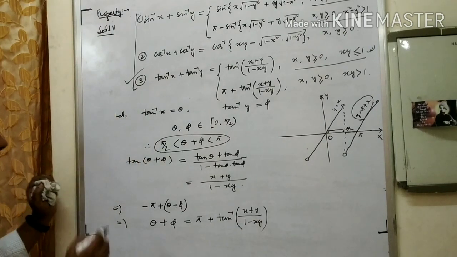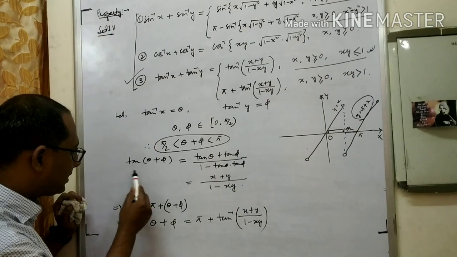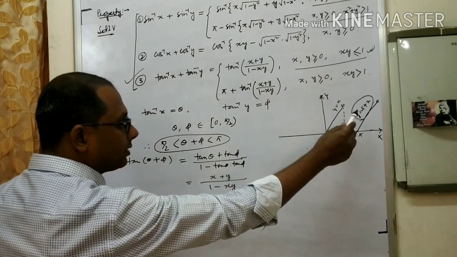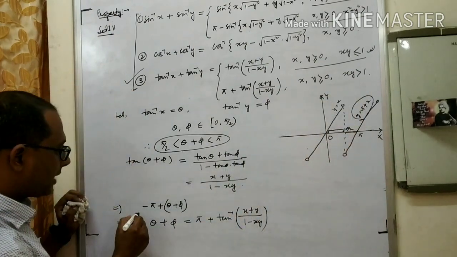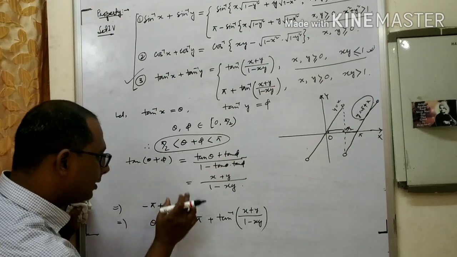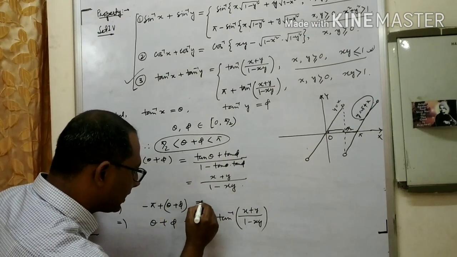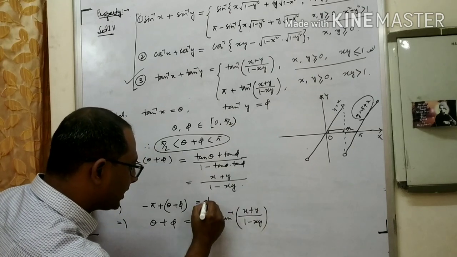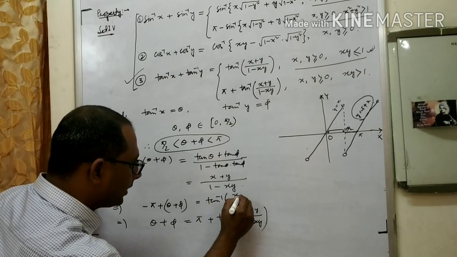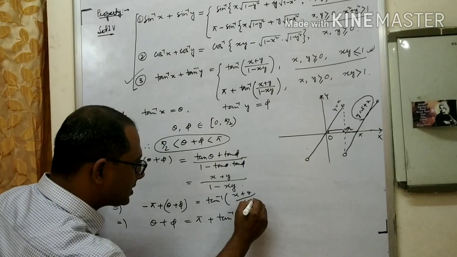Okay. Look here, the moment I am taking tan inverse here, I am going to get minus pi plus theta plus phi. Tan inverse both sides it will take, so at this side it will become tan inverse of x plus y upon 1 minus xy.